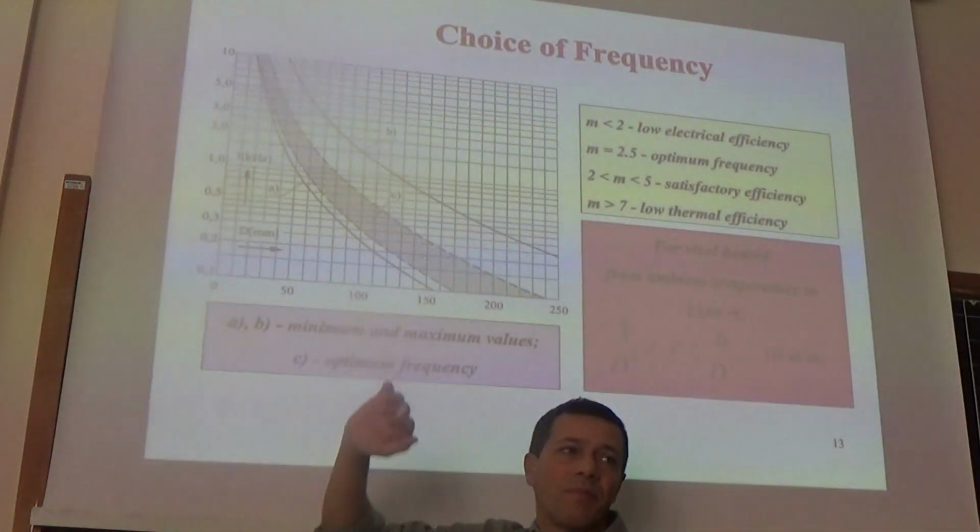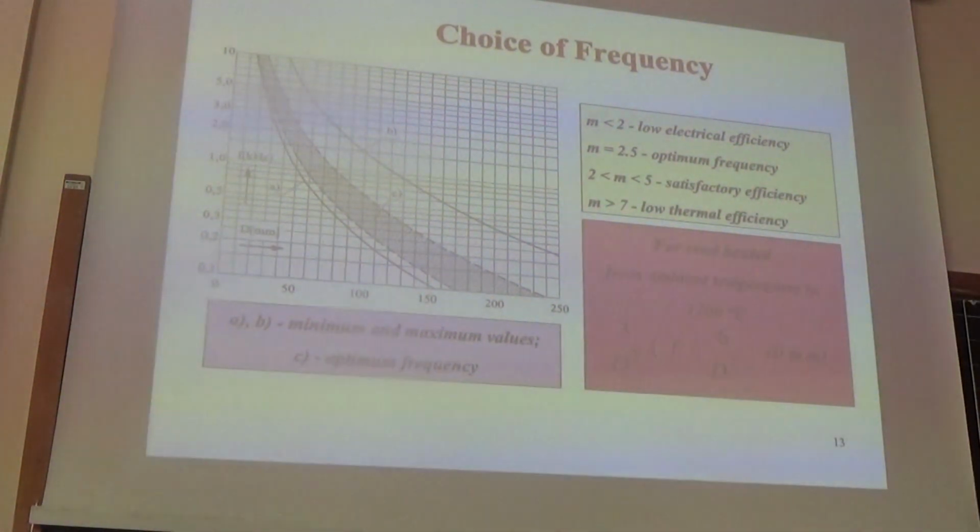So, okay, from the theoretical point of view, there are some possibilities to use frequencies below 2 kHz. It's not a problem. But from the practical point of view, it's better, especially for billets not so big, to use higher frequency, at least 2 or 3 kHz. Okay?